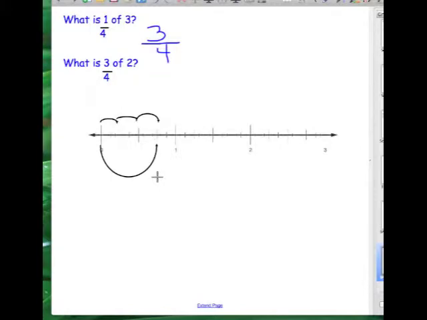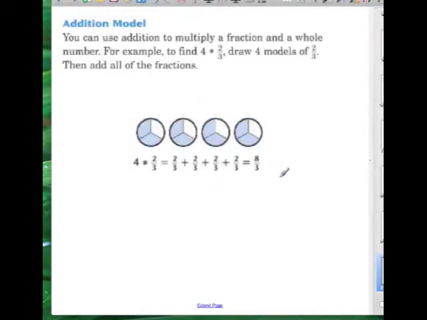And I'm going to hop 1 time, and then I'm going to hop, let's see, 1/4, 2/4, 3/4. So 2 hops, which gives me a measurement of 1 1/2. Okay, so that's one way we can answer these questions.